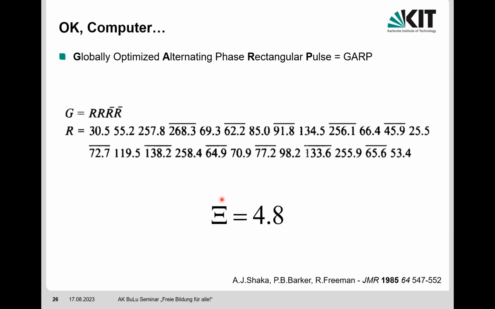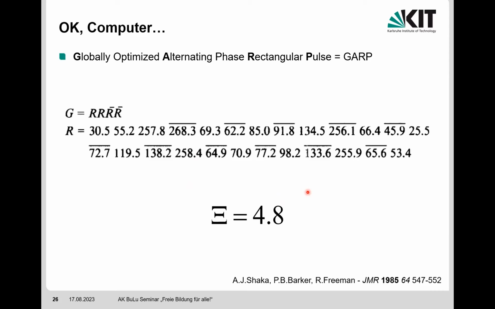Then there was GARP, globally optimized alternating phase rectangular pulses. And that was the first computer optimized composite pulse. And in this case, you see that the Xi improved dramatically. So that was the first decoupling sequence that really fulfilled the needs that you had also for carbon decoupling, a factor 4.8.